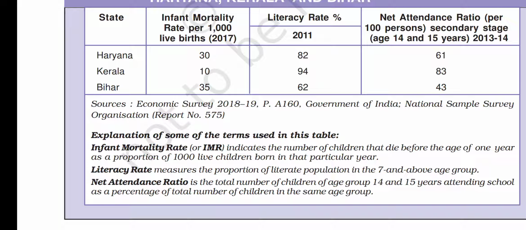So it's the percentage of people being literate above the age of 7. Net attendance ratio is the total number of children of the age group 14 to 15 years attending school as a percentage of the total number of children in the same age group. So how many children of that particular age group are attending school, that is the net attendance ratio. So we are now comparing these three states based on these three things.